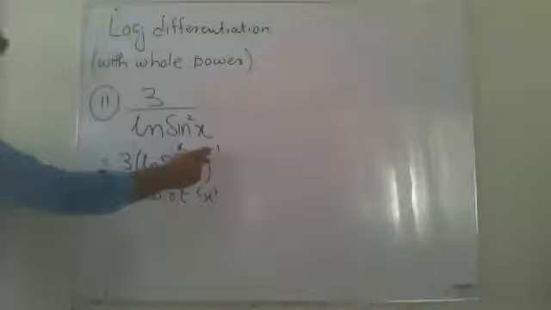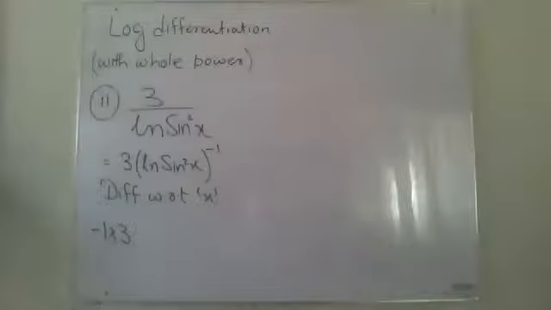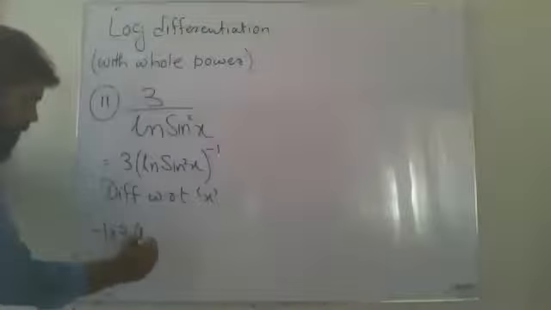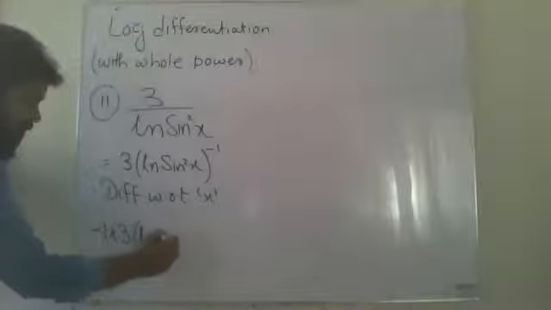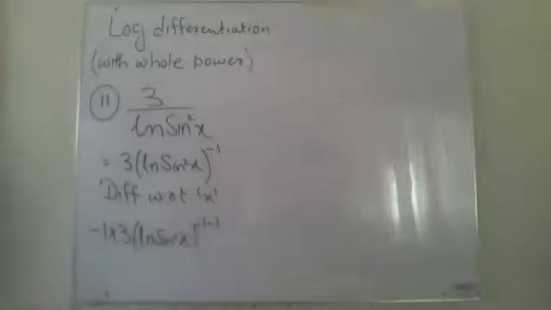How am I going to differentiate it? First of all, there is a whole power. So the whole power will be multiplied by the coefficient, and the whole power will be reduced by 1.